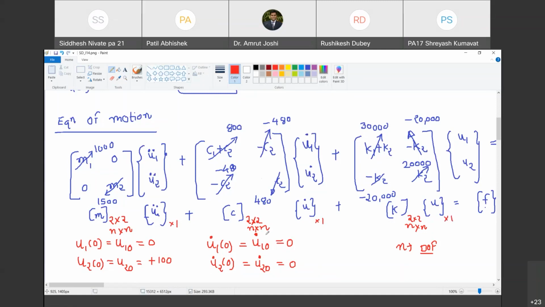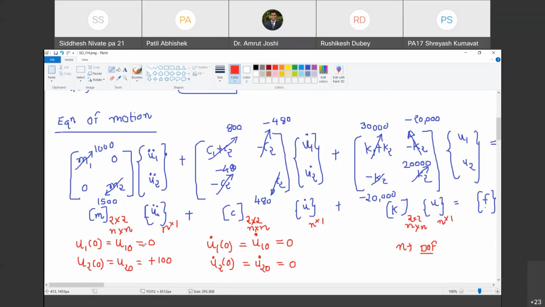Yeah, sir. All these matrices are going to be column matrices having number of columns equal to 1. And how many rows will these response matrices exhibit? They will naturally exhibit n rows. Here it is two, but in general it is n, where n is the degrees of freedom. Are you with me? Yes. So it is an n cross 1 matrix.